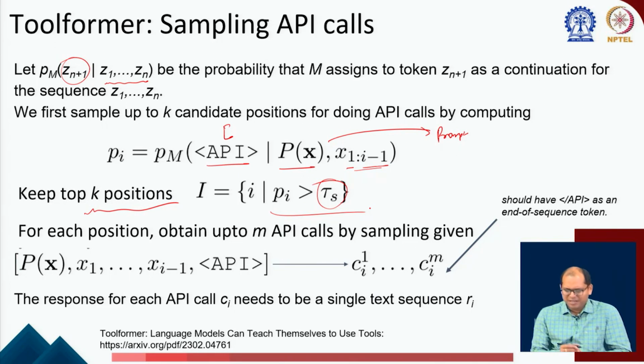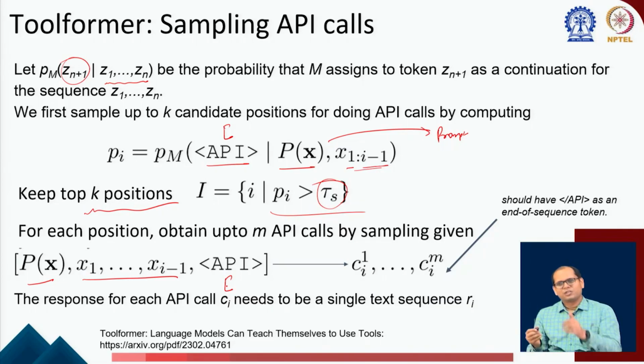What does it mean? You will have this prompt, the i minus 1 tokens, and the start-of-API token. This is the input to the language model. Now it will do autoregressive generation. An API call may not be a single token; it may be a sequence of tokens. So how do you know when it ends?